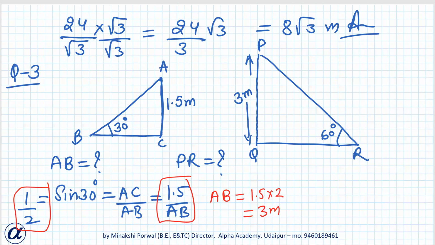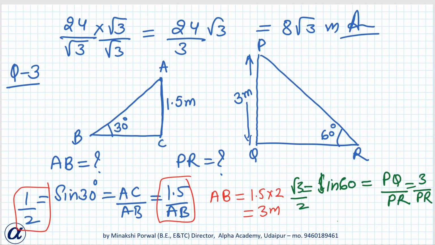Similarly, in triangle PQR, we have to relate perpendicular and hypotenuse. So again sine 60 degree equals to perpendicular upon hypotenuse. Perpendicular is 3, hypotenuse we have to find, and sine 60 is root 3 by 2. So PR equals to 2 into 3 upon root 3.